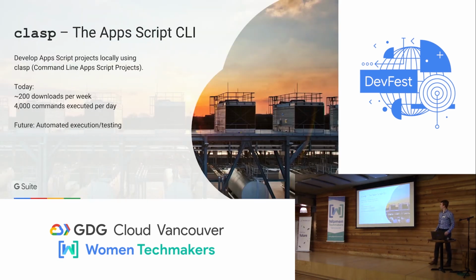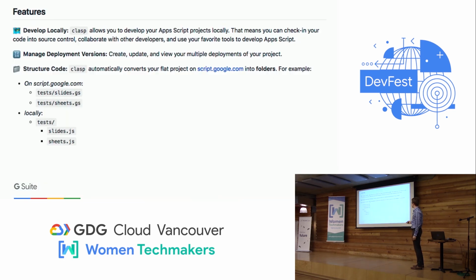Cool. And let's say you don't like using the online GUI, but you want to use the terminal. Well, there's this open source tool called Clasp. I'm actually the developer of this tool. It allows you to manage your AppScript projects locally. It stands for Command Line AppScript Tools. And it allows you to develop your code locally.